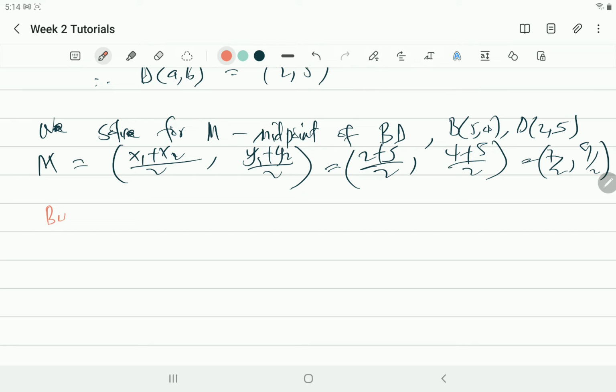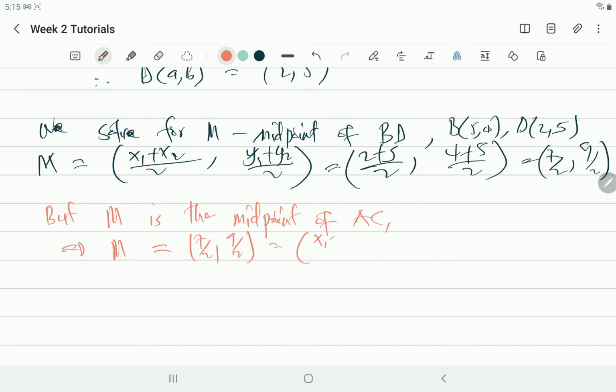So what I'm coming to see here is, M is the midpoint of AC. This implies that M is equal to the 7 over 2, 9 over 2 we solved. It's actually going to be x1 plus x2 over 2, y1 plus y2 over 2.